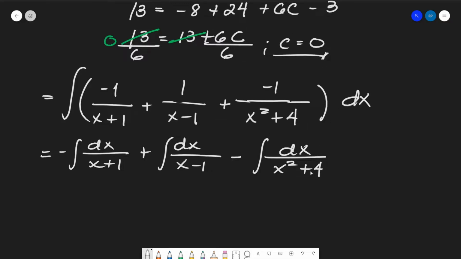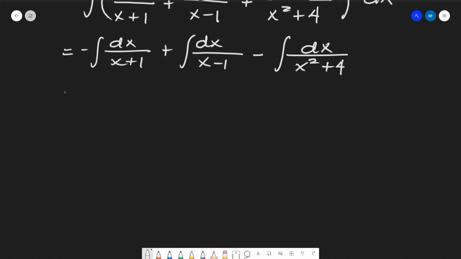Okay? So pwede na natin ito i-integrate. So we have here negative natural logarithm of x plus 1 plus natural logarithm of x minus 1. Then we have minus, diba? This is an additional standard formula natin. So pwede na natin gamitin yung additional standard formula natin.